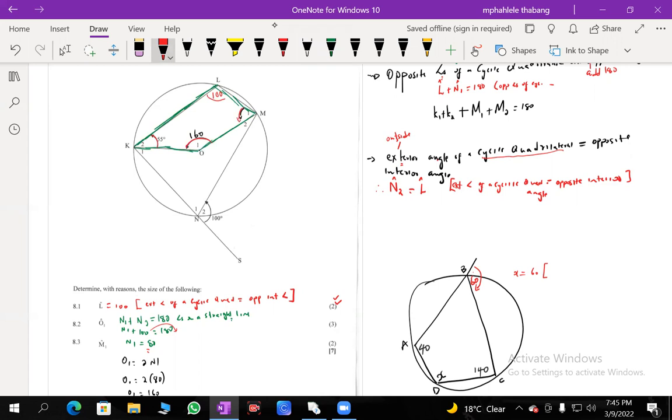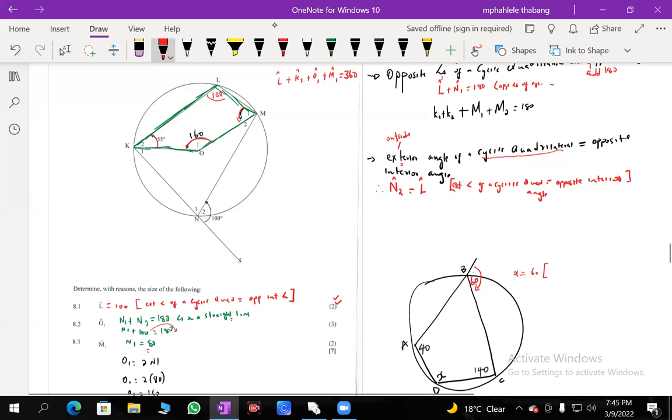And you are right. So we say angle L plus K2 plus O1 plus M1 should give us 360. I agree with you. What is the reason?